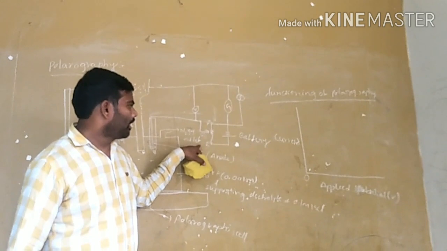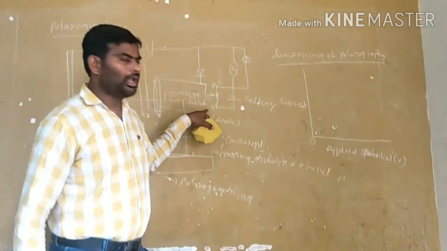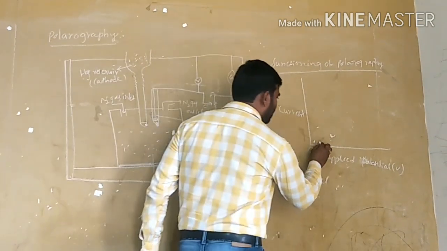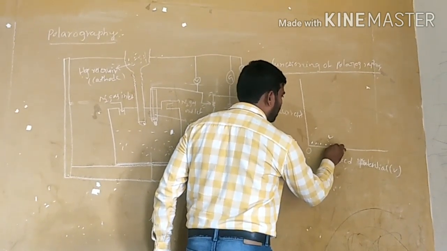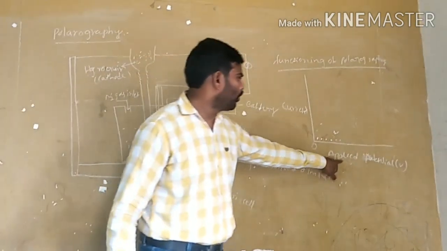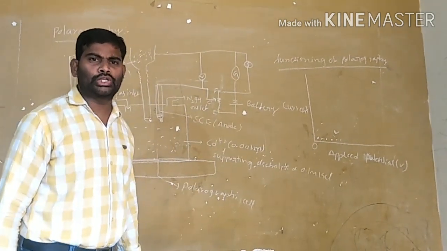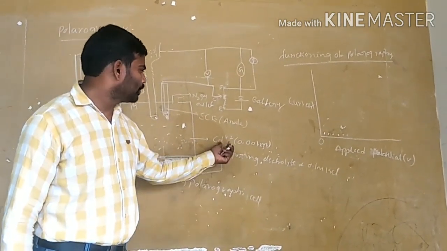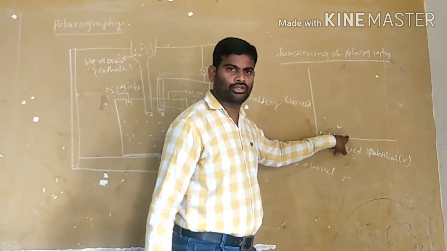Once we are applying the voltage to the cell, there is no flow of current until a particular applied voltage, because no dissociation of the electroactive species takes place until then.